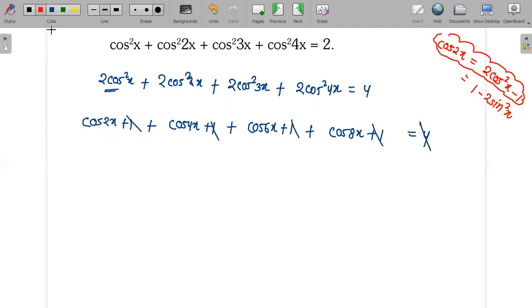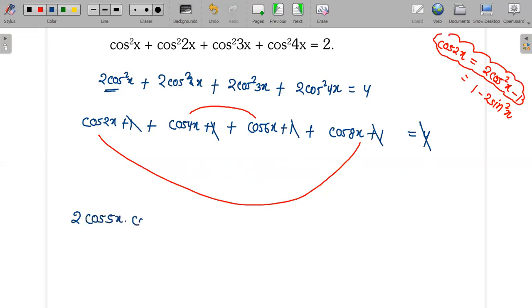Now you may pair these terms according to their arguments: cosine 2x with cosine 8x, and I'm associating cosine 4x with cosine 6x. Now apply cosine c plus cosine d there. This will give you 2 cosine of (c plus d) by 2 times cosine of (c minus d) by 2, which will give you cosine 5x times cosine 3x.